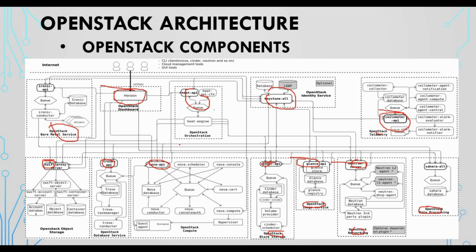So now this will be much easier for you, right? You may have thought at first that it's too complicated, with so many components and lines going here and there. But now I think you should have understood what Horizon, Heat, Keystone, Ceilometer, Swift, Nova, Cinder, Glance and Neutron are.